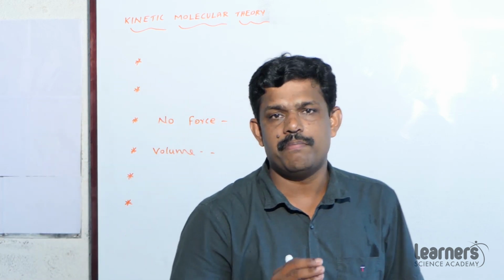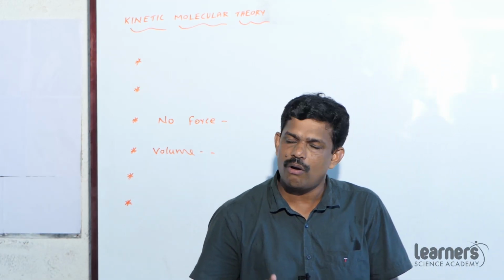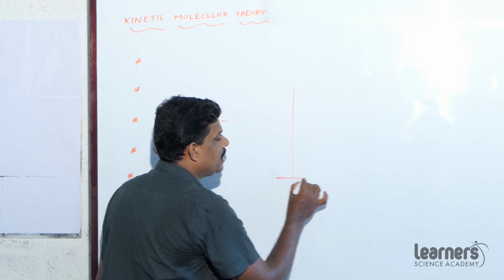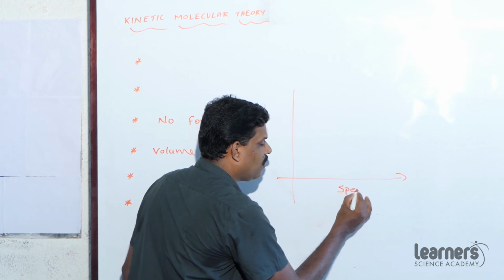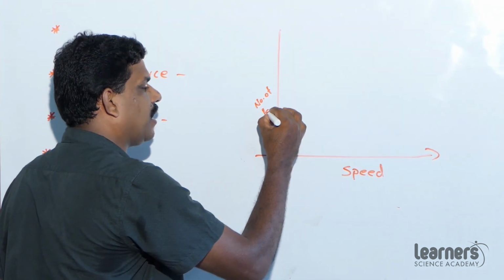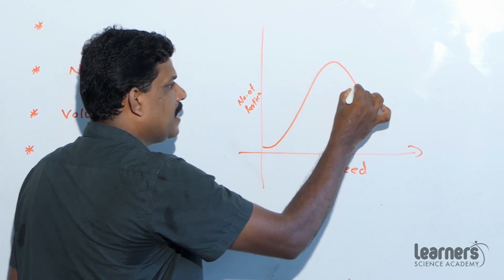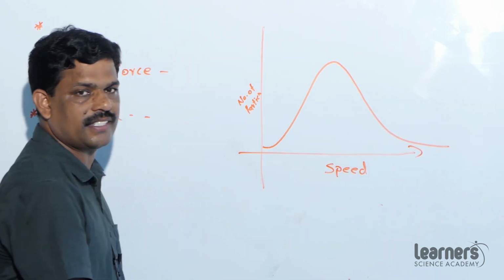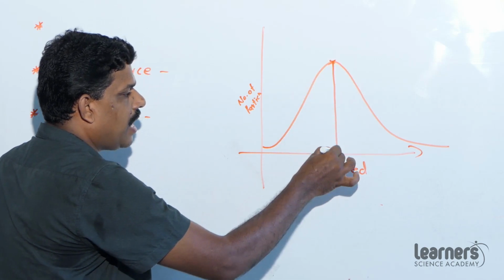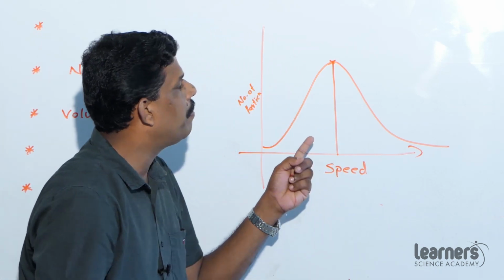Here we must remember all gases have their own velocities because all of them have their own thermal energy. When we plot their speed, the velocity or speed against number of molecules, number of particles for a given sample of gas, you can see there is a graph like this. This area indicates most probable velocity or most probable speed.